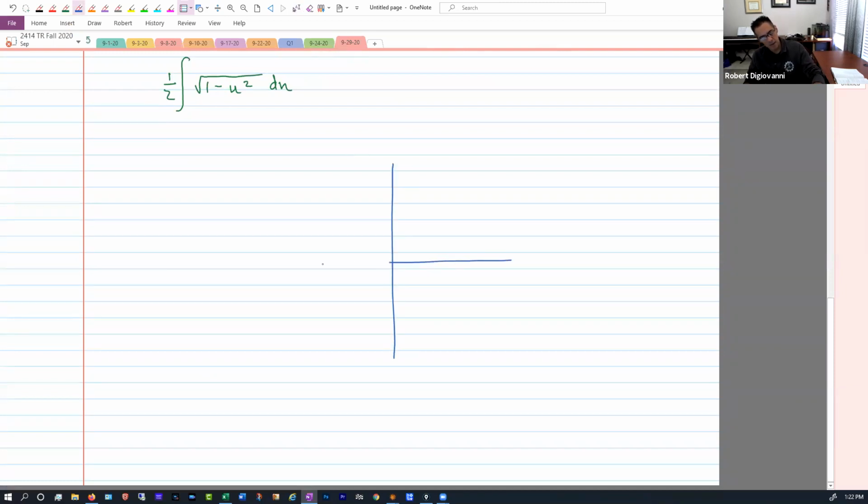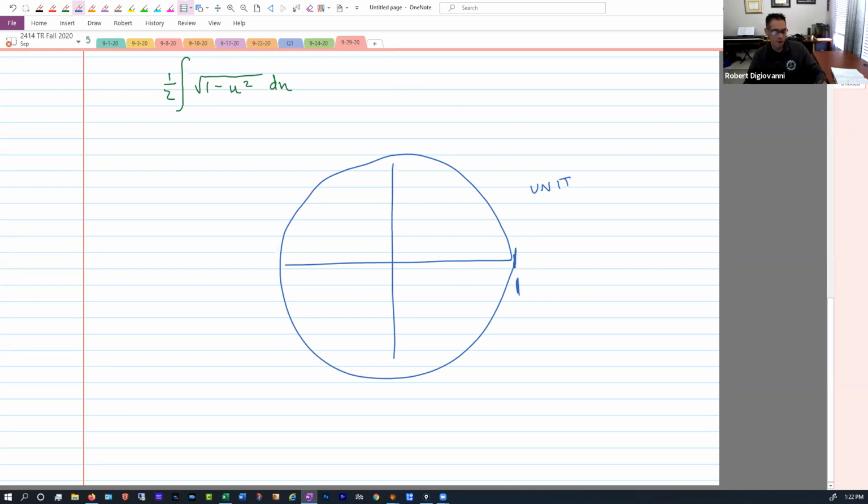If we go back to the unit circle, meaning the radius of this thing is 1, and you pick an arbitrary angle theta and draw a right triangle, then the x coordinate is cosine theta, and the y coordinate is sine theta. That's something you learn in pre-cal. We also know the hypotenuse is 1 because that's the radius of the circle.